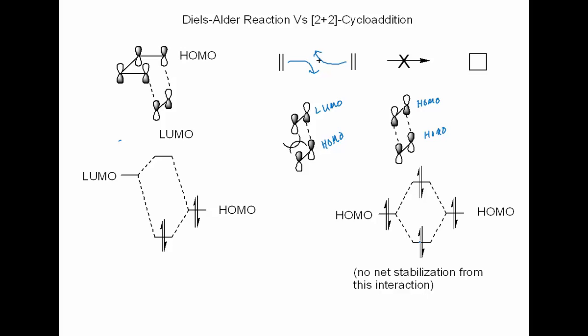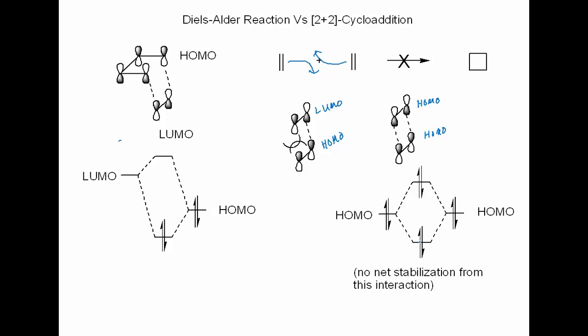There are examples where we have systems that are more complex than butadiene, like if they have 3 double bonds in conjugation, or 4, and some of the cycloaddition trends hold true there.